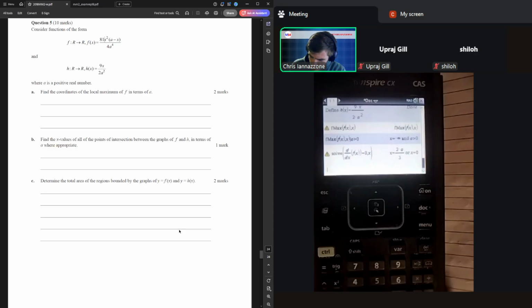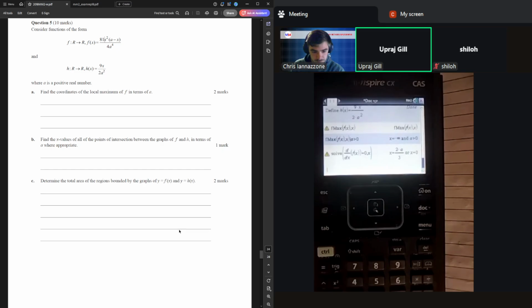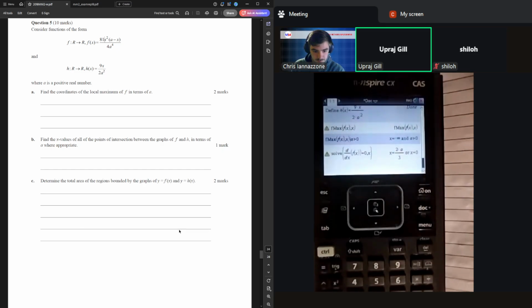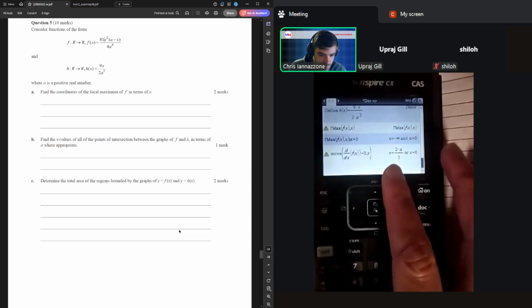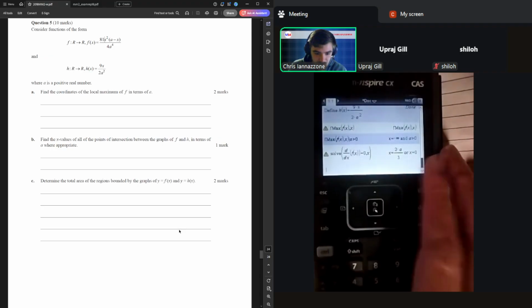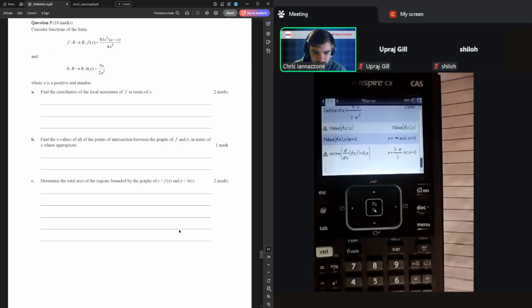Before I give that fully away, does anyone have any idea how you'd figure out which one's which? I mean, you can put it into the graphing tool, which reveals that one of the turning points is at the origin. So if you put it in the graphing tool, set a to be whatever, it doesn't really matter, because x equals 0 is a constant, you'll know for certain that the 0 is what would you say it was, sorry? A min or a max?